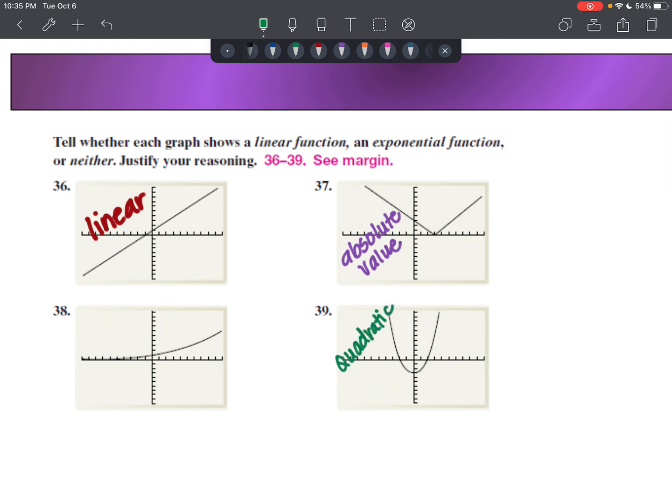This is another big unit that we're going to close up the semester with, our quadratic unit. So we end Algebra 1 with quadratics, and that's what number 39 is. And then we have the exponential function right here. Exponential. Right there, number 38.